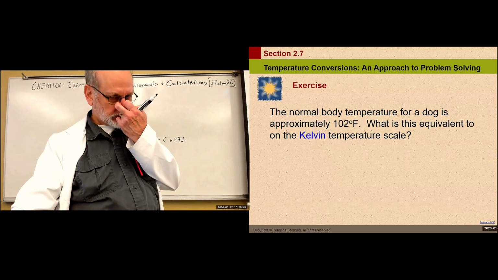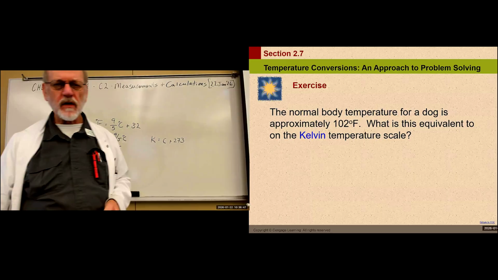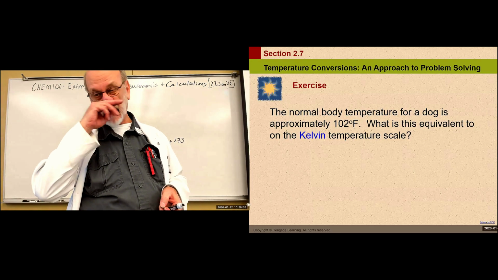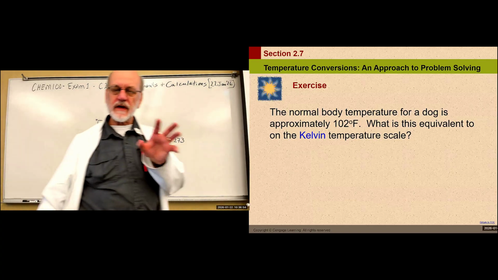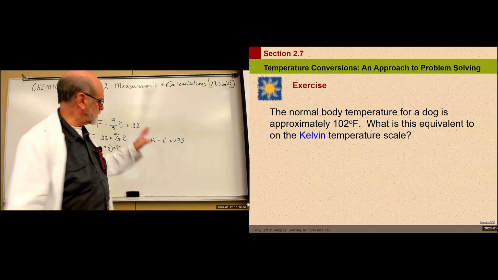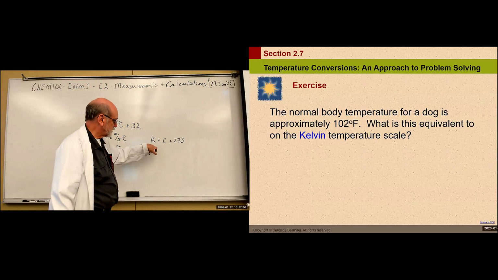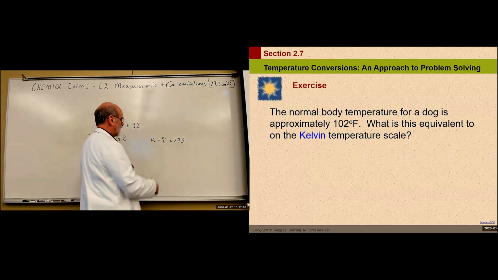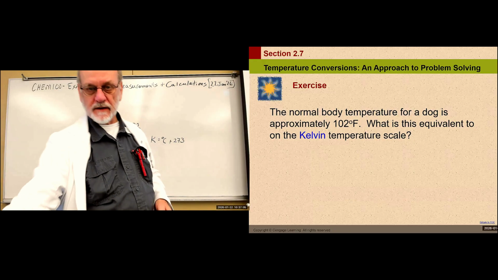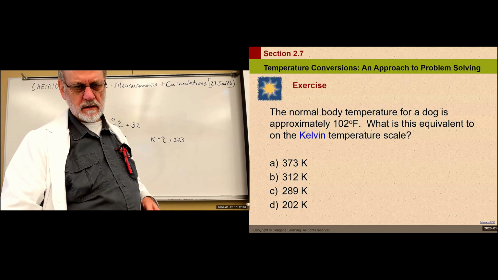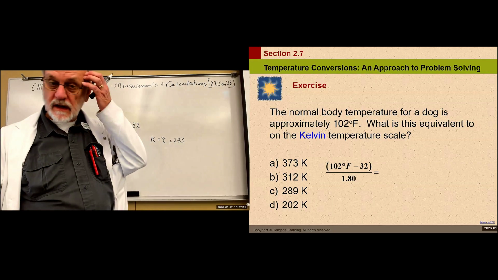All right. Normal body temperature for a dog is approximately 102 Fahrenheit. What's this temperature in Kelvin? So 102 degrees for a dog has to be converted first to Celsius and then to Kelvin. So I think I've animated it. There we go.